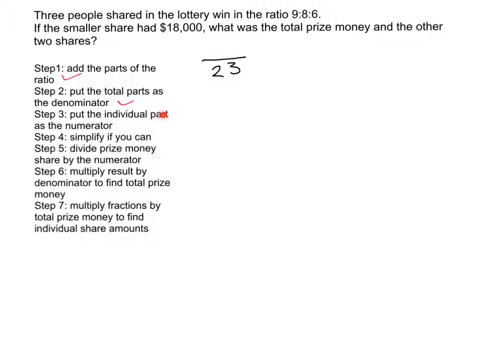So the individual part is referring to the number 6 because the number 6 is the smaller share. So we write down as the numerator number 6. Okay, so now step 3 is done.